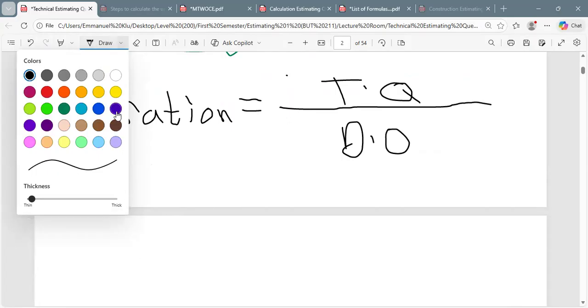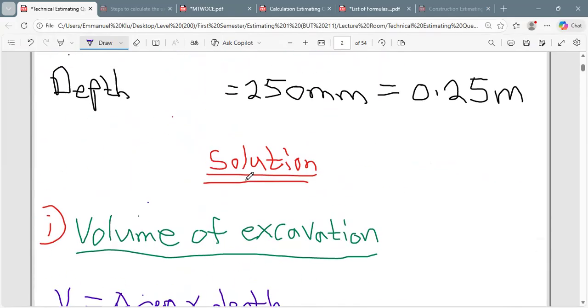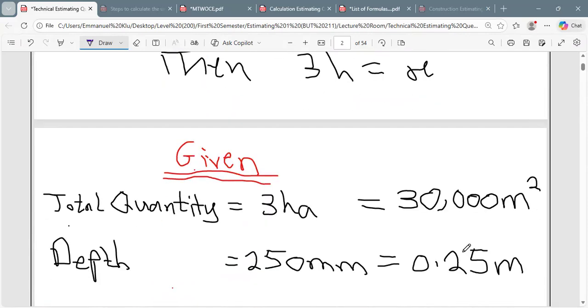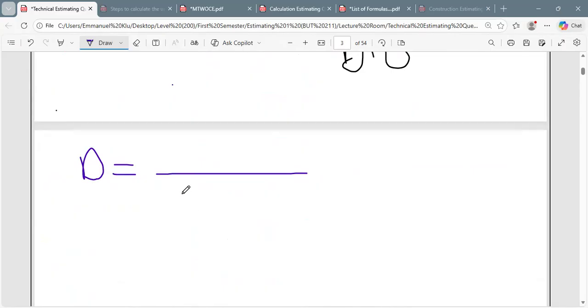From whatever we have learned or whatever I told you so far. So now we are saying our duration is going to be equal to the total quantity. We are supposed to use in this case the 30,000 meters squared. The daily output that was given was what? 600 meters squared per day.